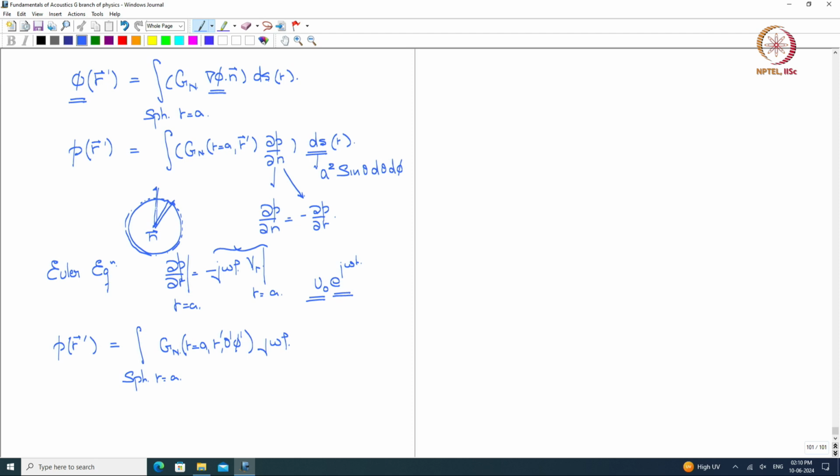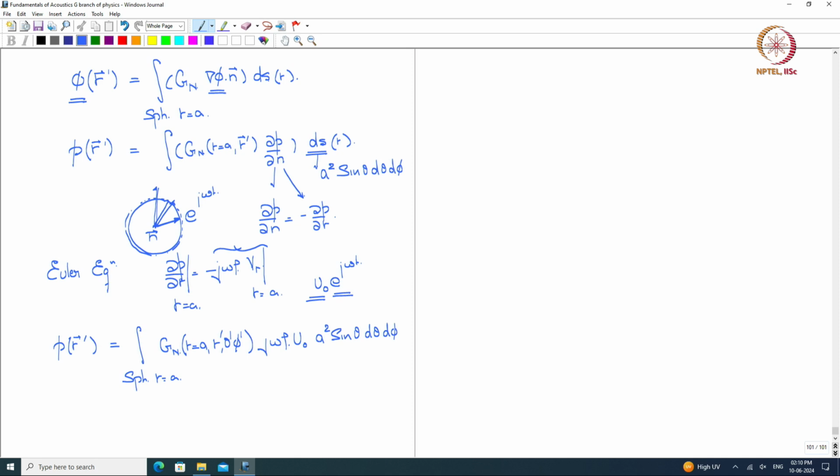So, the surface moves in and out harmonically. This whole course is about harmonic oscillations. Okay. So, j omega rho u0 and then a square sin theta d theta d phi.